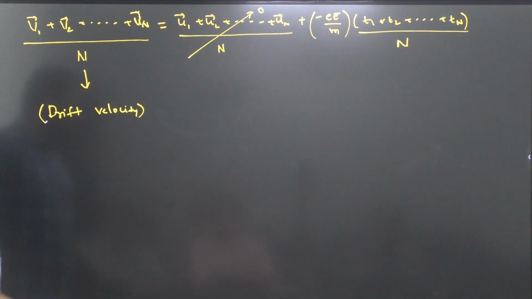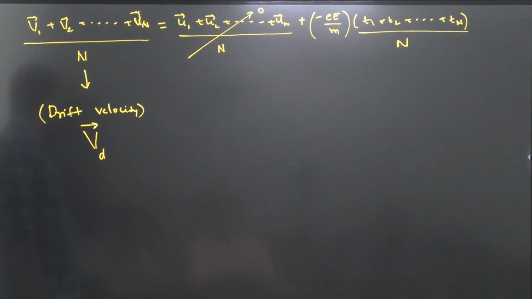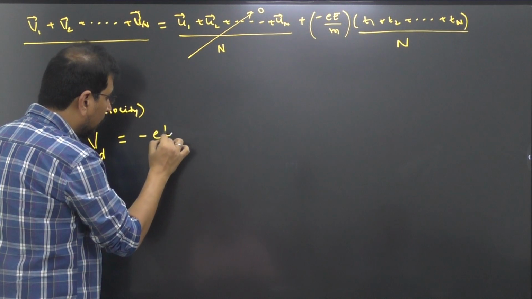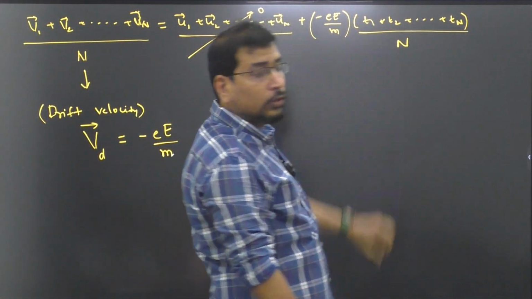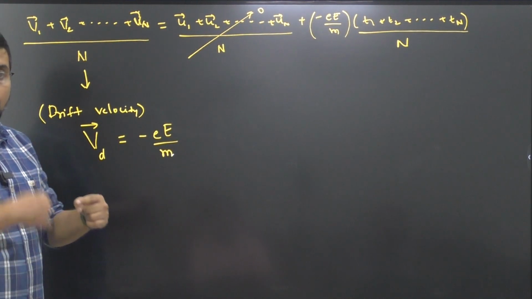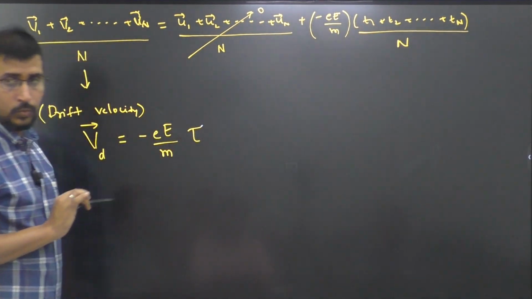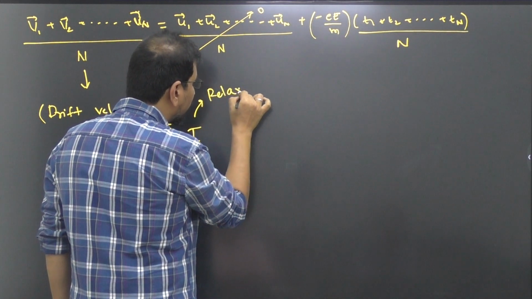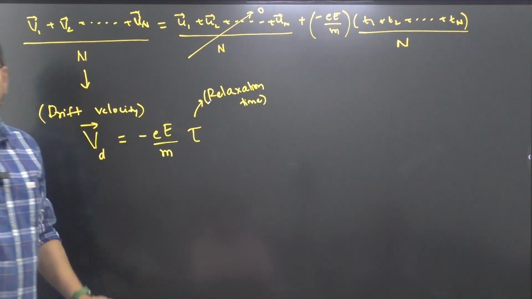This is what is called drift velocity, which is written as v with a subscript d and a bar on top of it, is equal to minus e into capital E divided by m into the average of all these values, the average of the time taken by each particle to reach the same acceleration, which is given the symbol tau, and the name of this symbol tau is called relaxation time. It's called relaxation time.